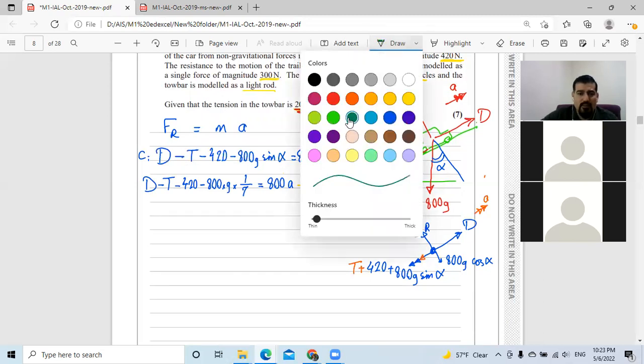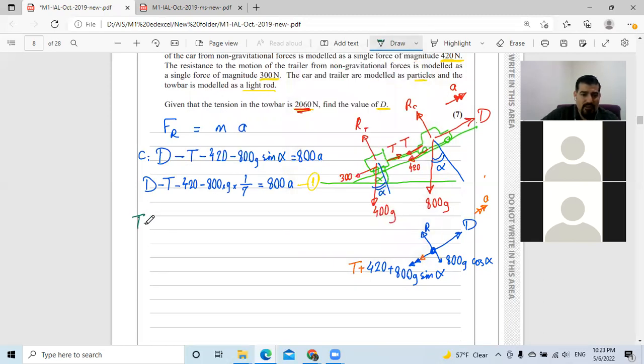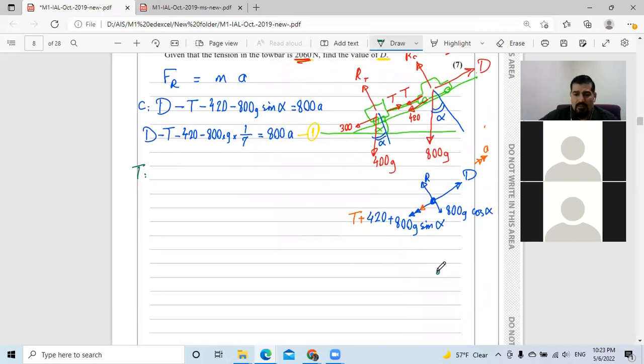And we can do the same thing for the trailer. What are the forces that act on the trailer? There's a tension force pulling it, a thrust force from the tow bar, there is a friction force, and there's its weight. So 300 Newton plus 400 g sine alpha.